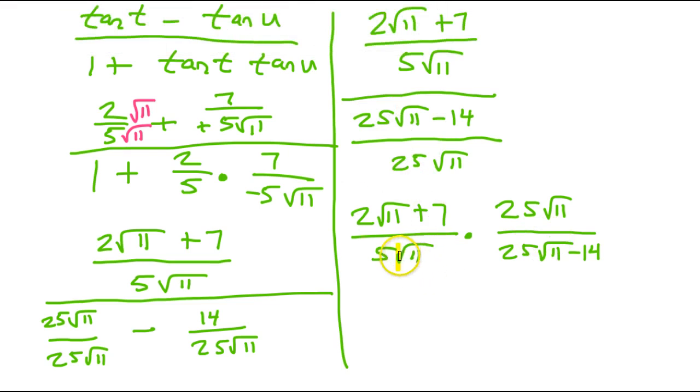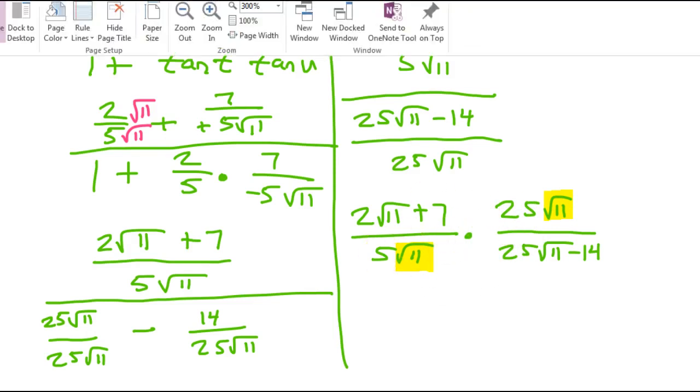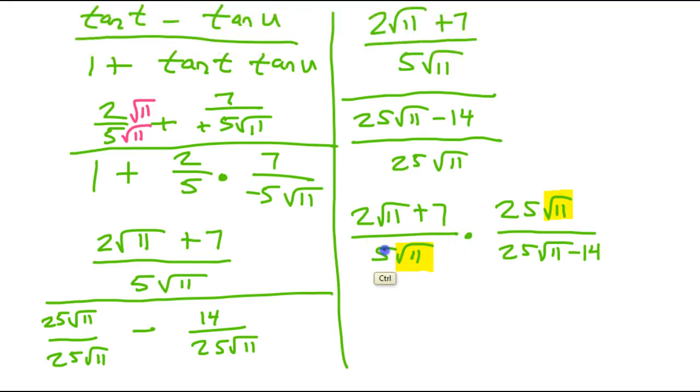Now, these radical 11s will cancel each other out. I have one high and one low, and this is connected by multiplication. In addition to that, 5 goes into 25 5 times. So I will have a 5 left in the numerator.